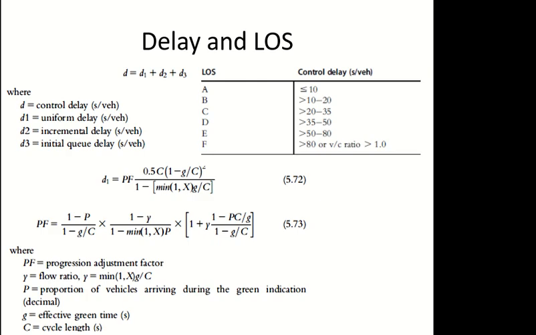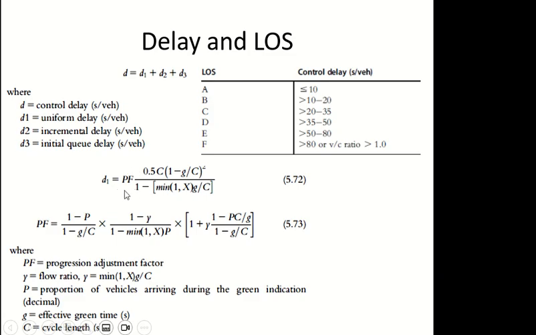So you can see D2 and D3 are both related to oversaturated conditions, conditions in which the queue is very long. That's why I said they are rare cases, and we will not discuss them. We'll discuss the normal case, which is D1. So for our case, we are saying D equals D1. So how do I calculate D1? You can see the equation over here.